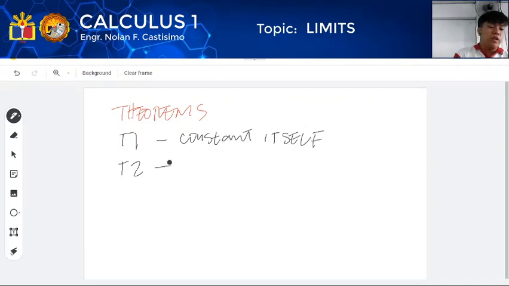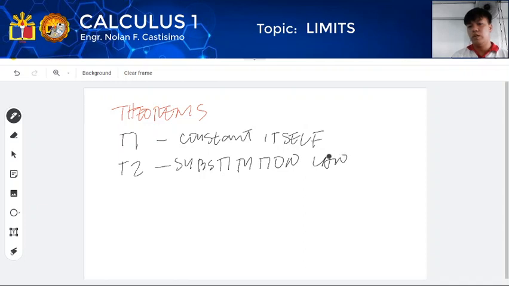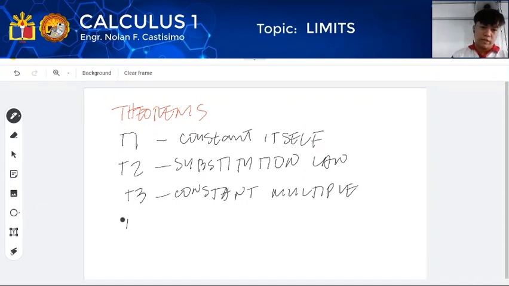Next, theorem 2. Theorem 2, yan yung tinatawag nating substitution law. Next, theorem 3. Ano yung theorem 3 natin? Ayan yung constant multiple. Theorem 4, we have the addition.